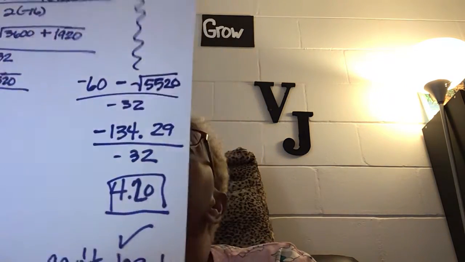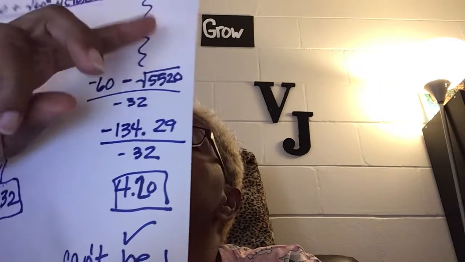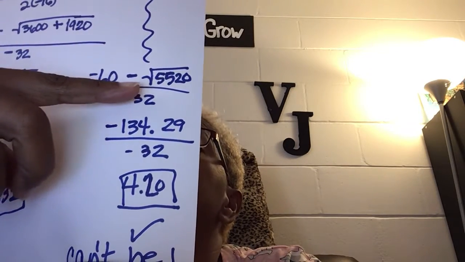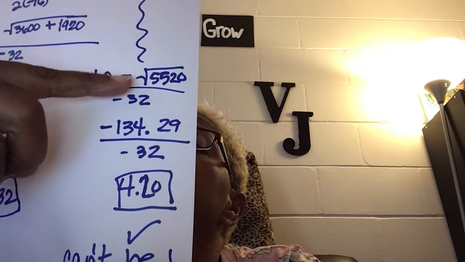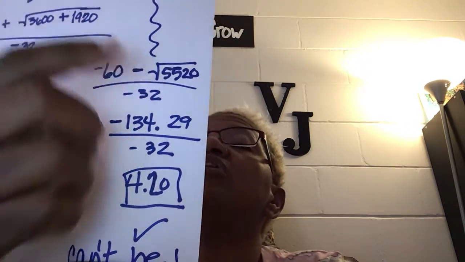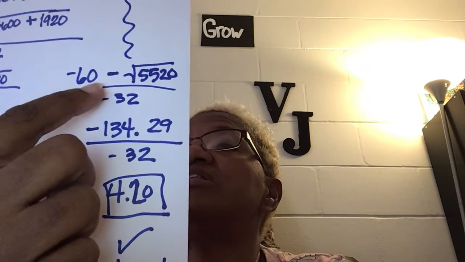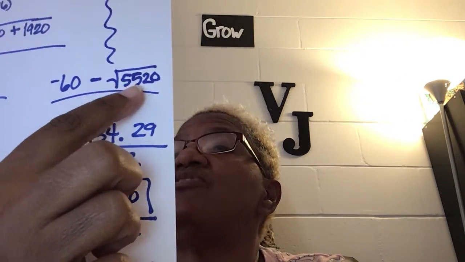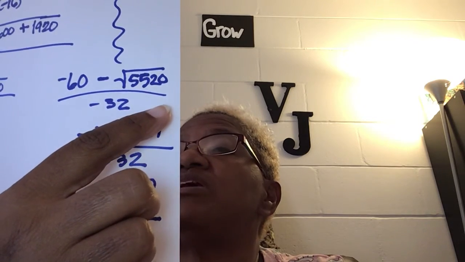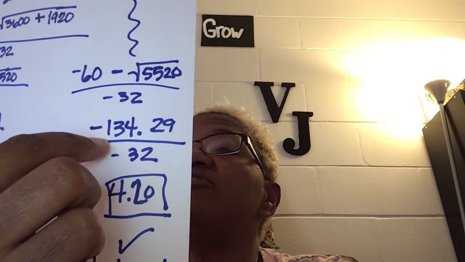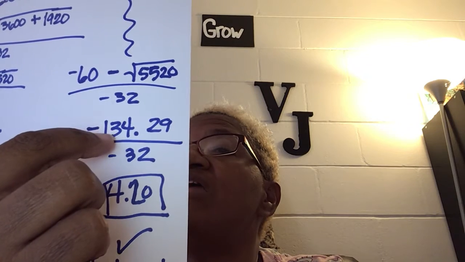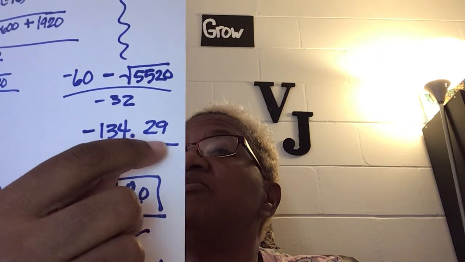Okay? Alright, so you're going to do the same steps down here. The only way that you go different is when you subtract here. So you're going to have negative 60 minus the square root of 5,520. When you get that answer, you're going to get negative 134.29.